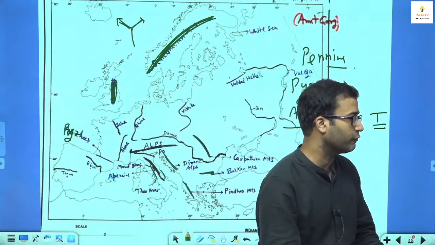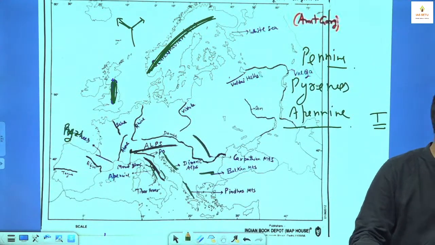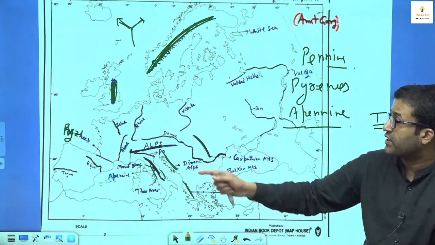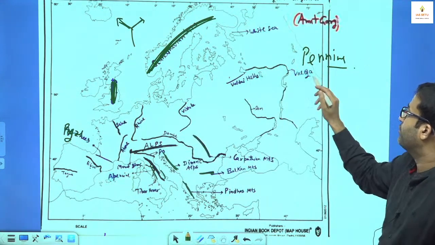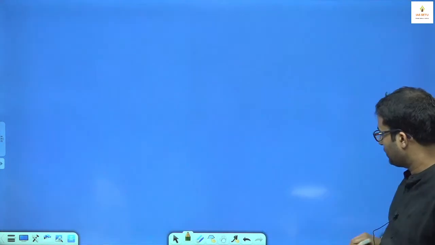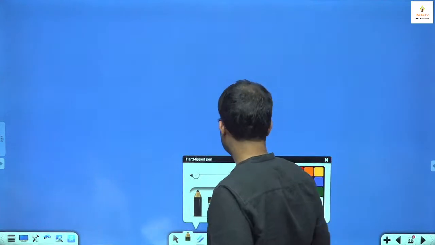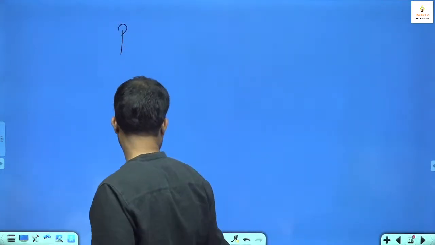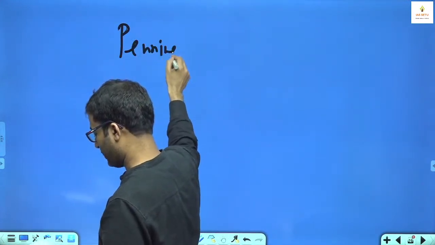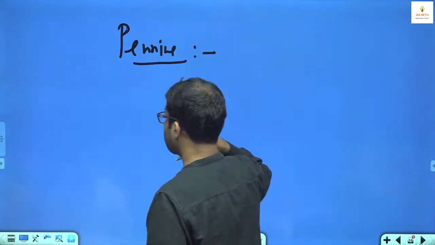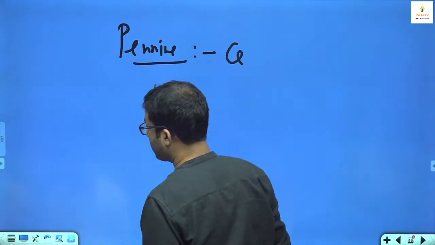I give you one piece of information from the exam point of view. So first we start with Pennine. You put the heading Pennine. This is the central upland region in Great Britain.